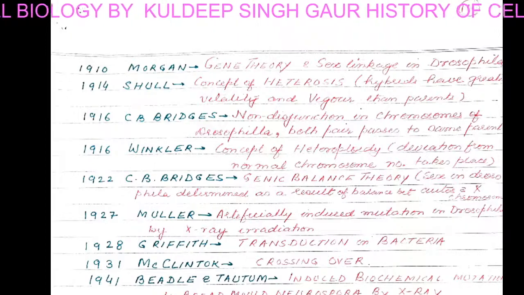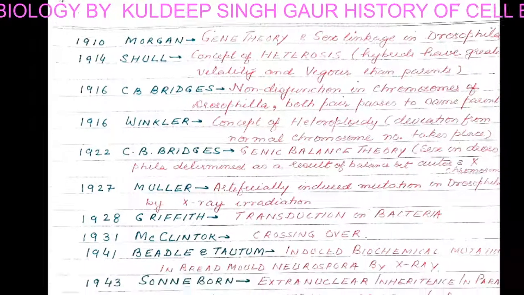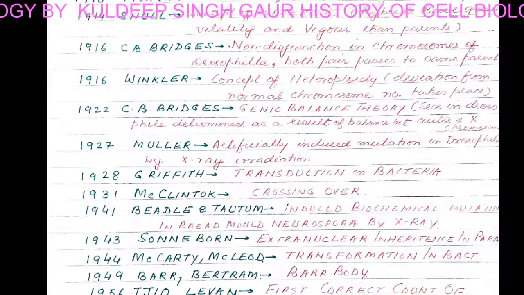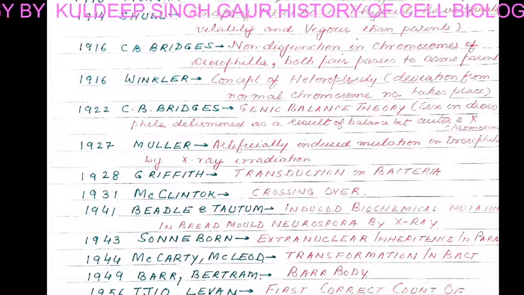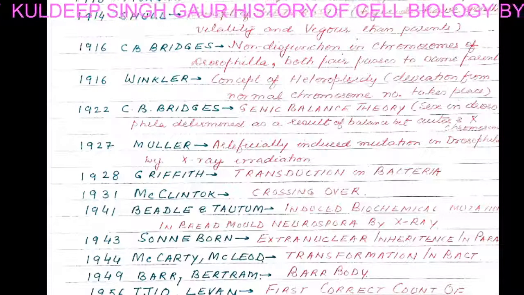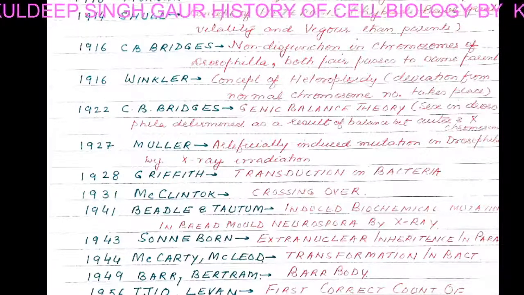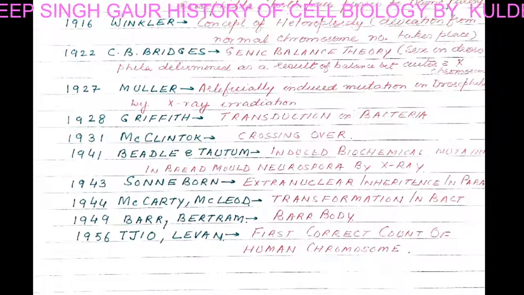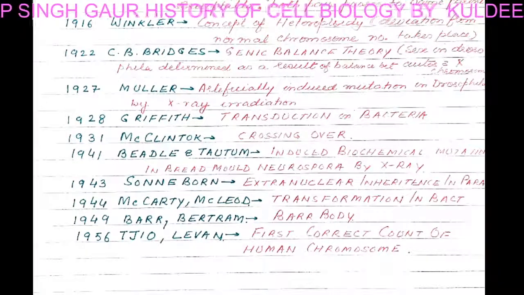Winkler gave the concept of heteroploidy. C.B. Bridges' genic balance theory stated that sex in Drosophila is determined as a result of balance between autosomes and X chromosomes. In 1927, Muller artificially induced mutation in Drosophila by X-ray irradiation.